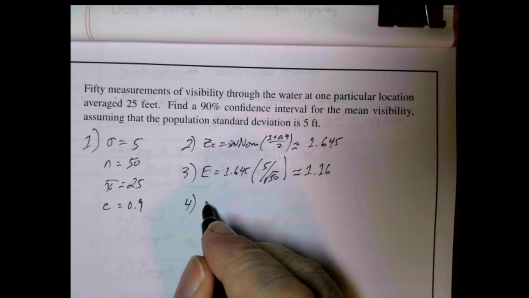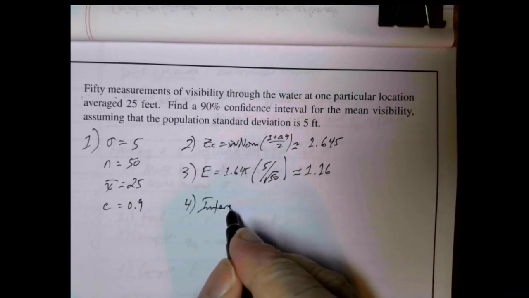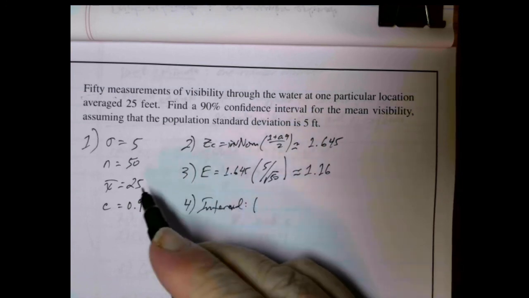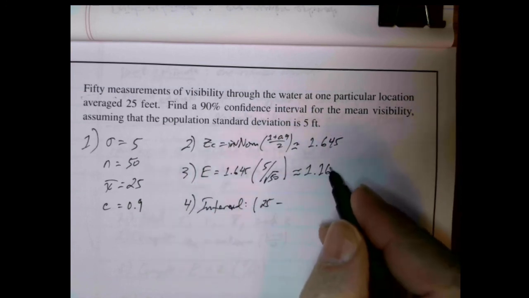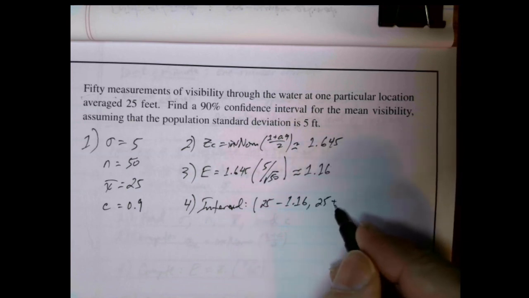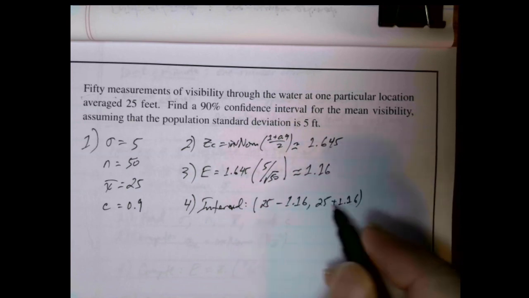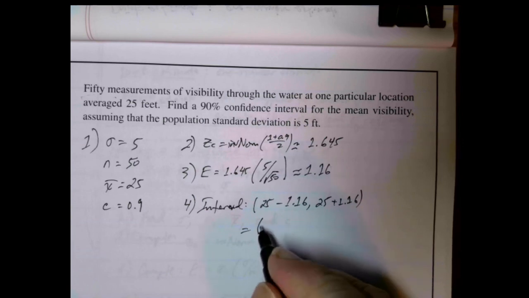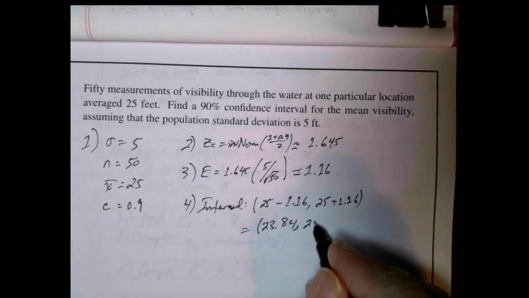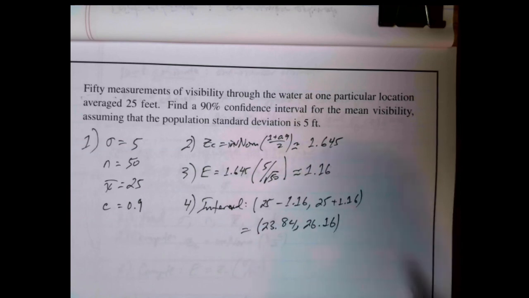And so finally, the confidence interval is x bar, which is 25, minus E, which is 1.16, to 25 plus 1.16, which is 23.84 to 26.16. All right, that's it for this section.